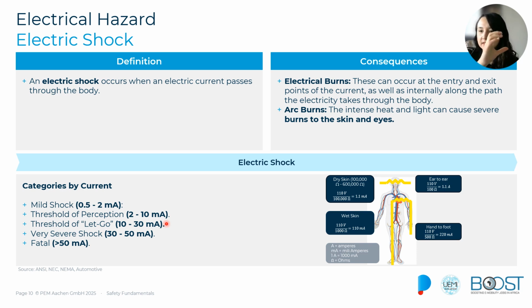If, for instance, I'm touching a contactor and my hand closes, I will not be able to release, and the duration of the exposure will be longer, meaning the effects will also be longer. And if we go beyond 50 milliamps, the shock can be severe, potentially even causing cardiac arrest or death.